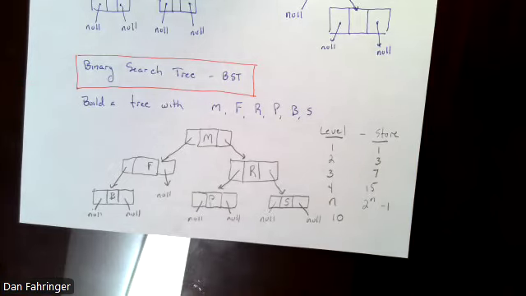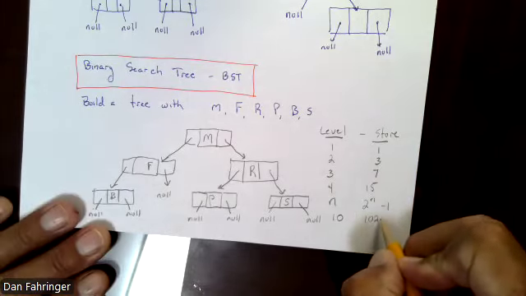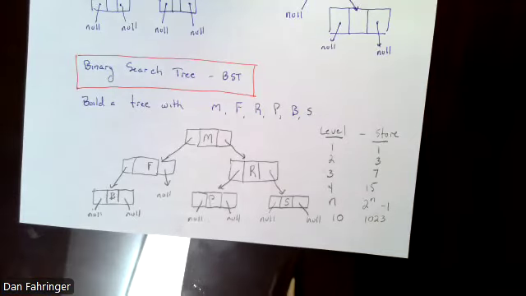What's 2 to the 10th power? It's a kilo, 1024, minus 1, 1023. So within 10 rows, I could store over 1,000 values.